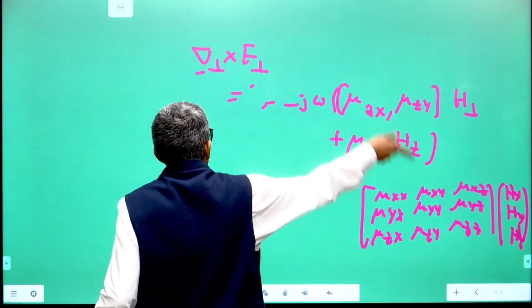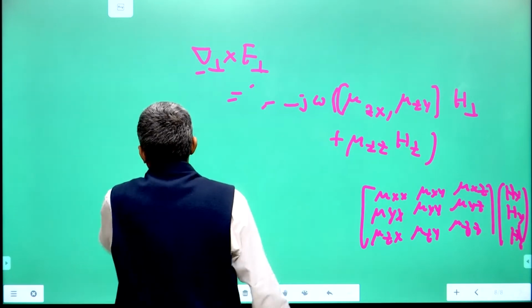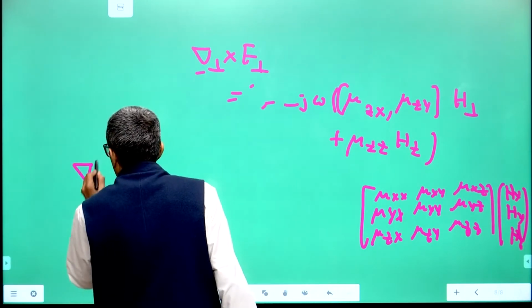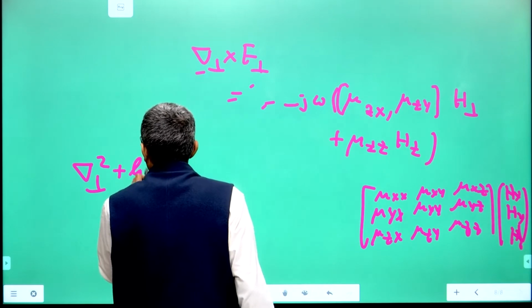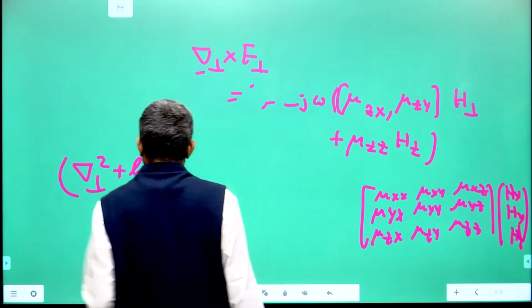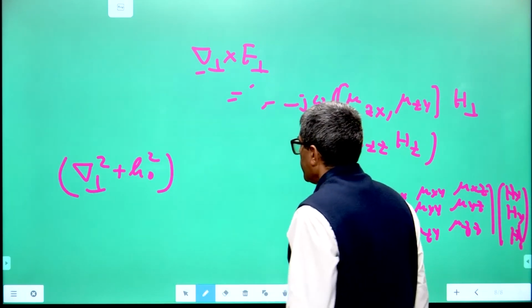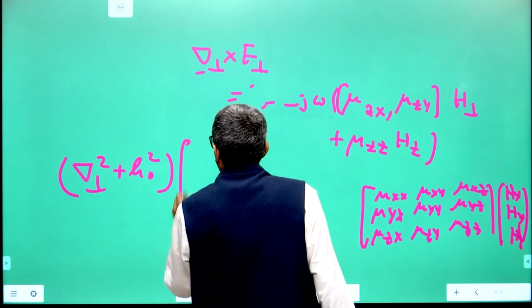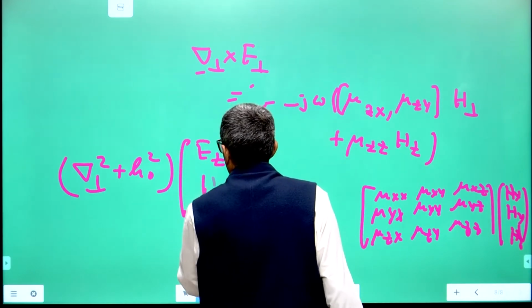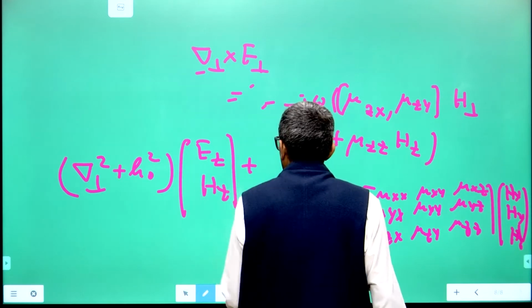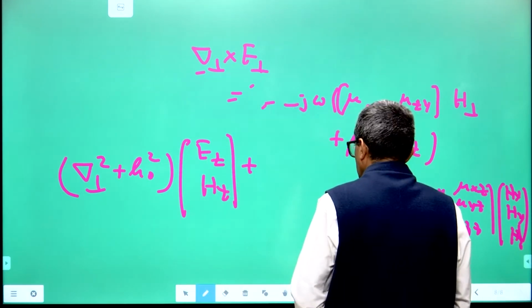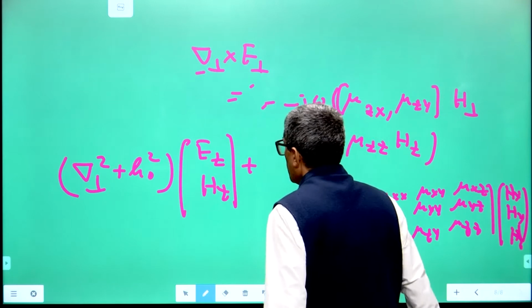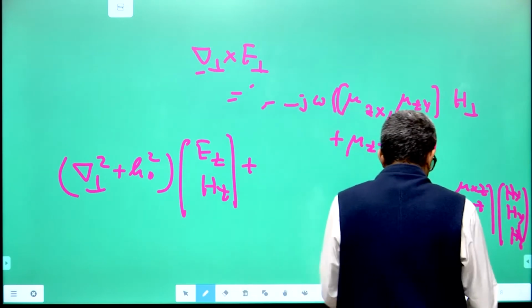So if you substitute those expressions for E perpendicular and H perpendicular into this, you will get del perpendicular square plus H naught square. Okay, let me write down the whole thing.